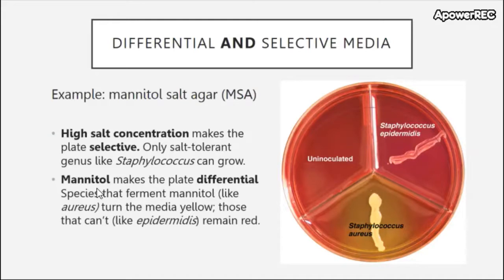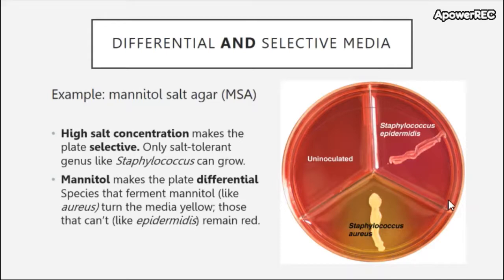However, this plate also contains mannitol, which makes the plate differential. Mannitol is a type of sugar, and added to this plate is a compound called phenol red, which turns yellow when pH drops below 6.8.